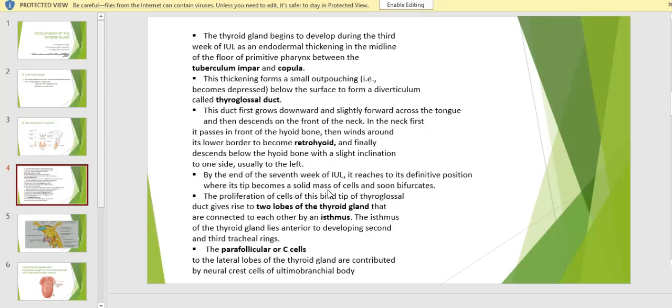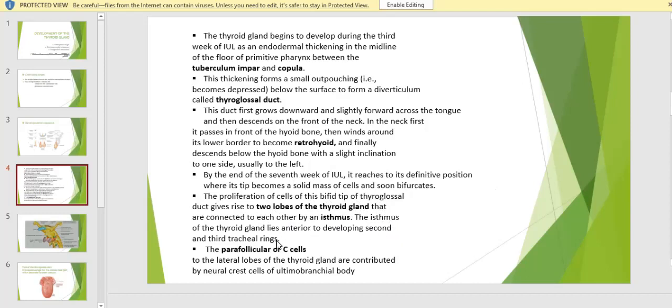By the end of the seventh week of intrauterine life, it reaches its definitive position, where its tip becomes a solid mass of cells and soon bifurcates. Then the proliferation of the cells of this bifid tip of the thyroglossal duct gives rise to two lobes of the thyroid gland that are connected by the isthmus.